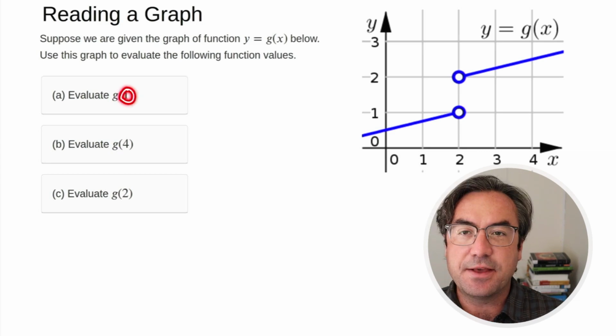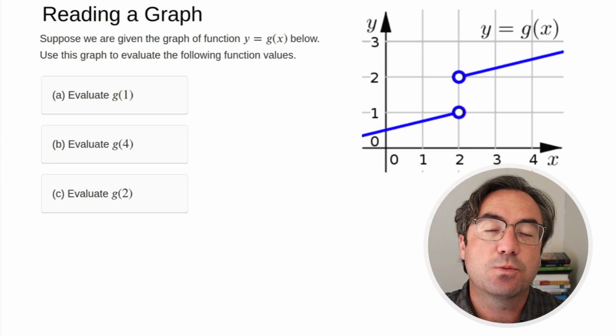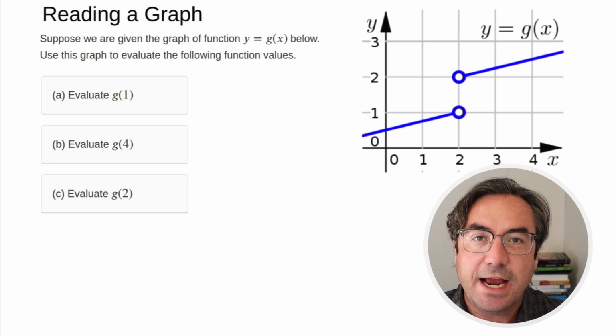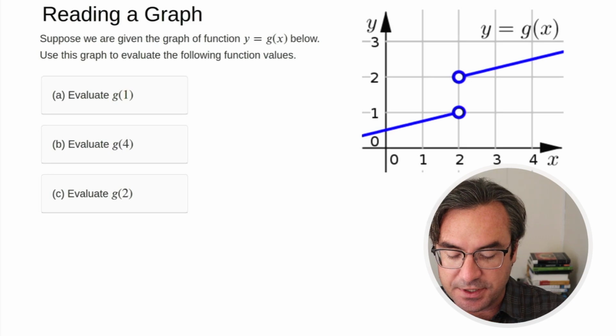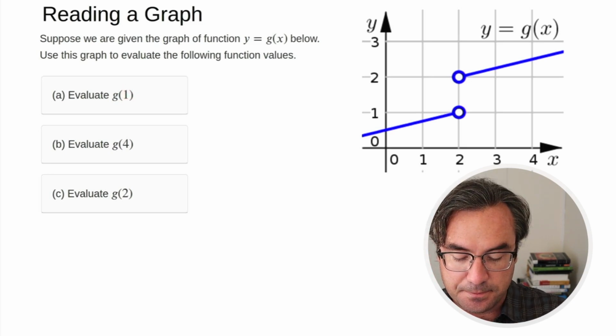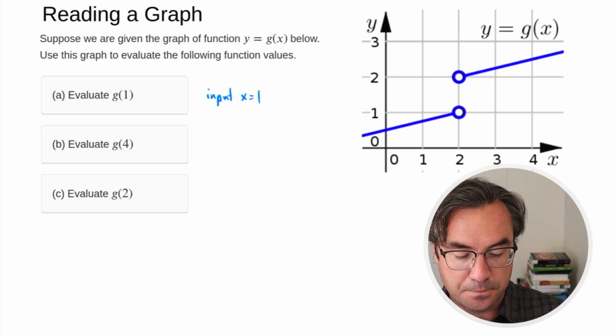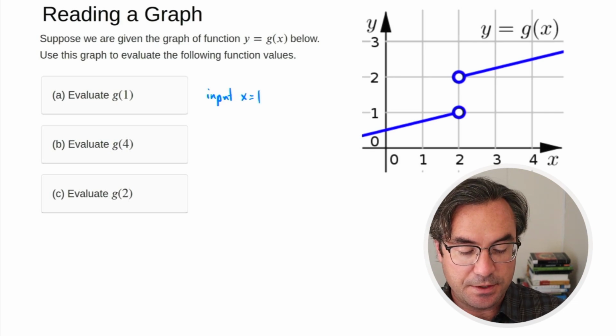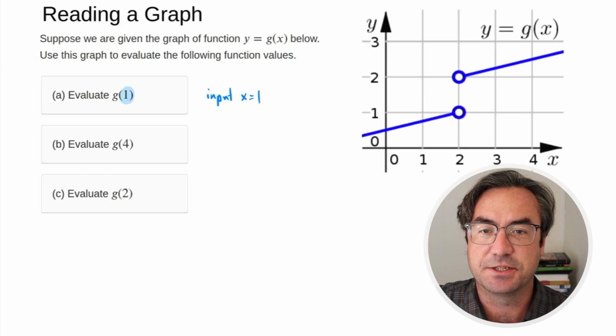The number inside the parentheses tells us what we're actually plugging into our function. So in this case, the input is x equals 1.